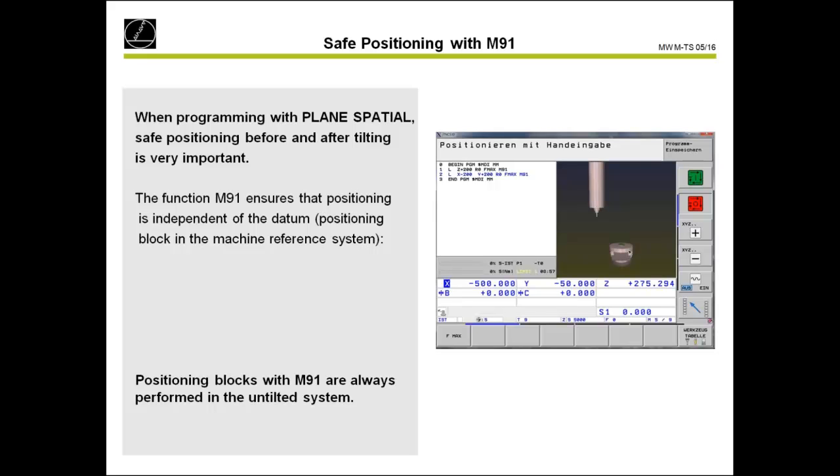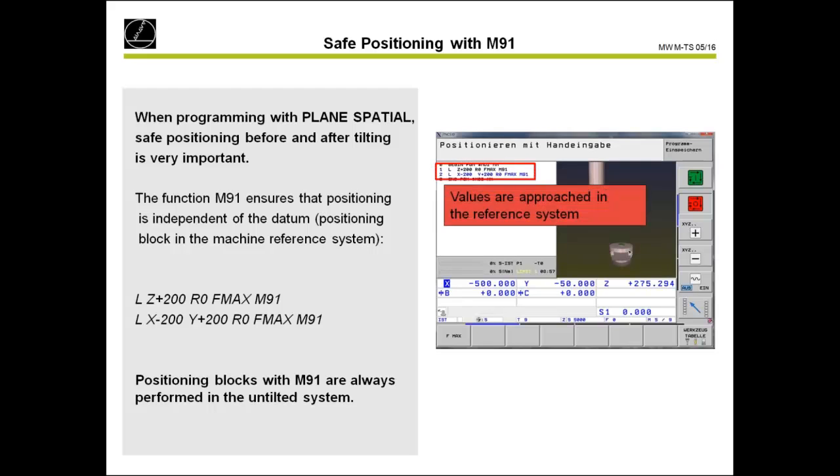M91 is always in the machine coordinate system. And this is always the same position in the machine. So you can see it here, when I program linear Z200, M91. M91 is only active in the block which you program.